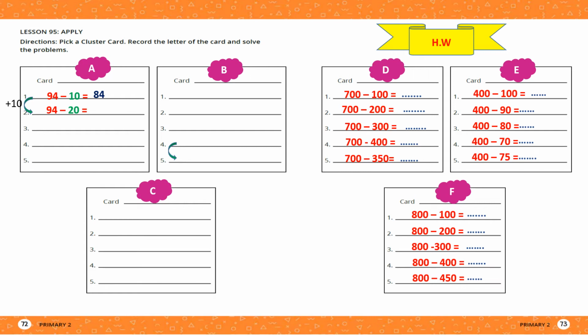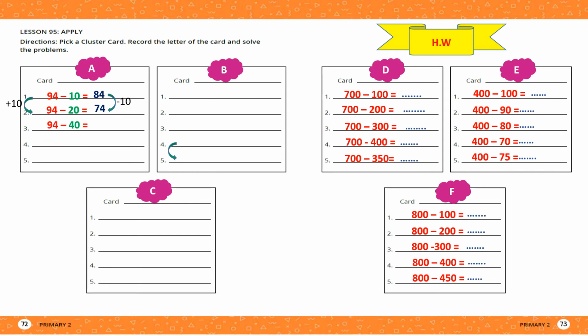Now we are adding 10 to the second addend, so we must subtract 10 from the other side. Why? To keep the equations equal, to keep them balanced. 84 minus 10 equals what? Equals 74.